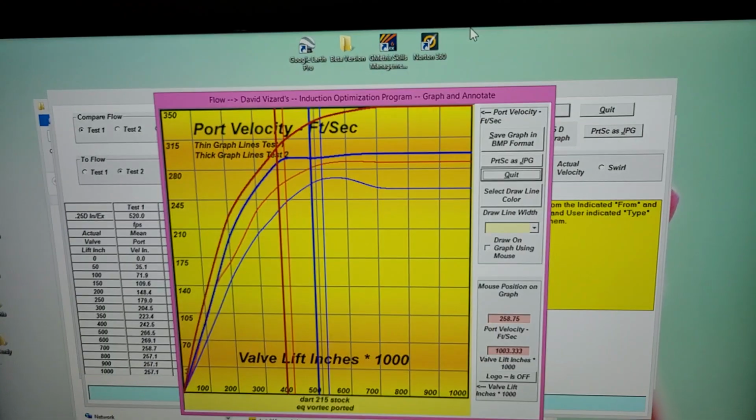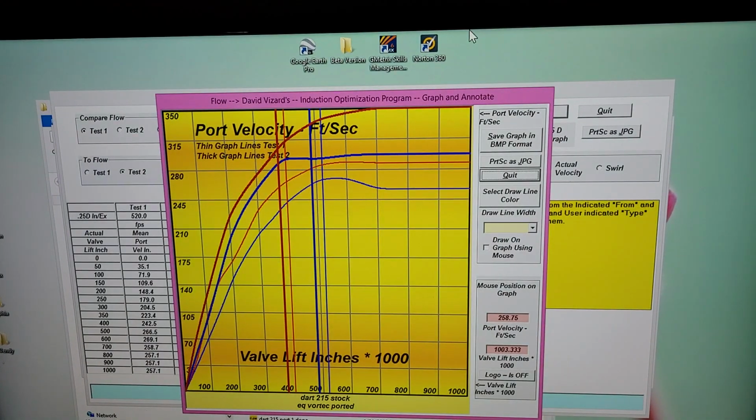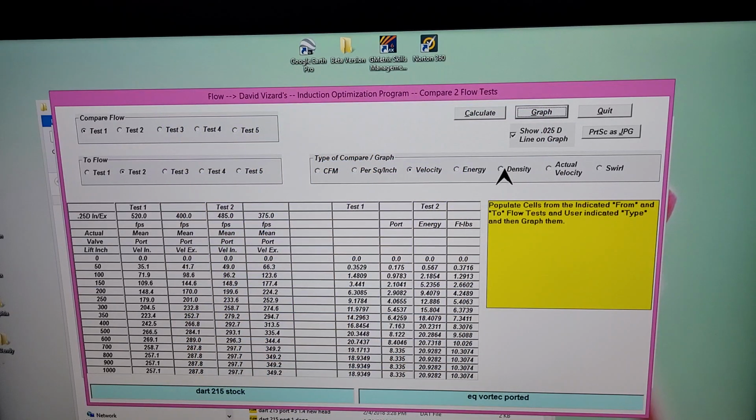Come on, computer. The computer's having a little interface issue and a dead battery. In either case, both of the EQ curves are way ahead of the Dart 215. Now, mind you, that's an unported, as-cast head.